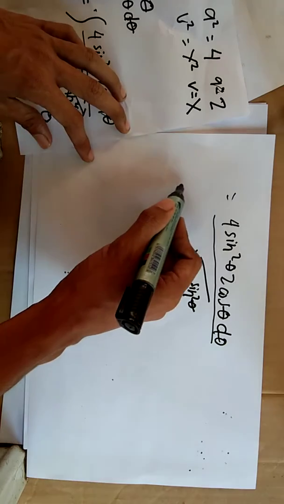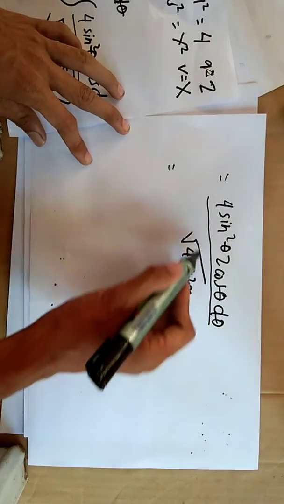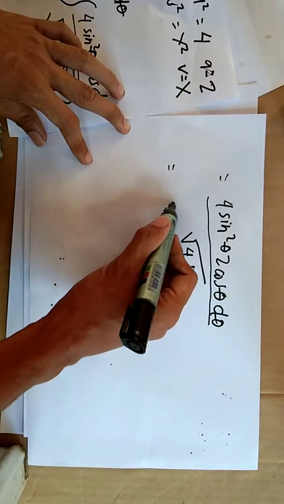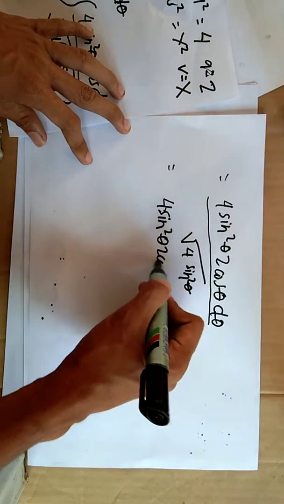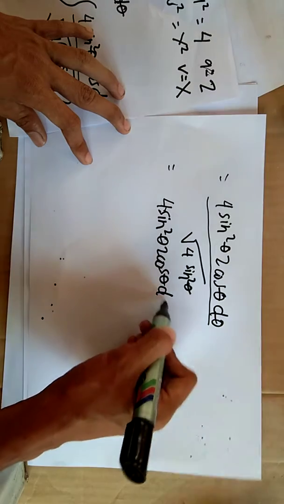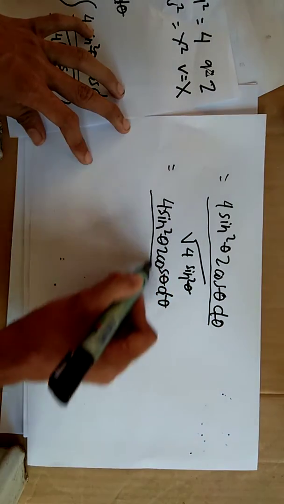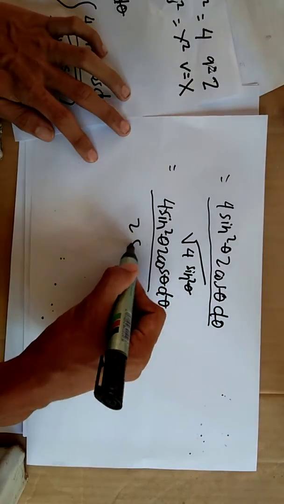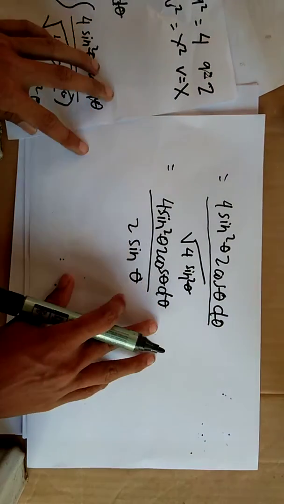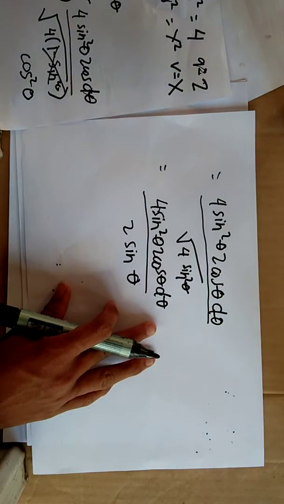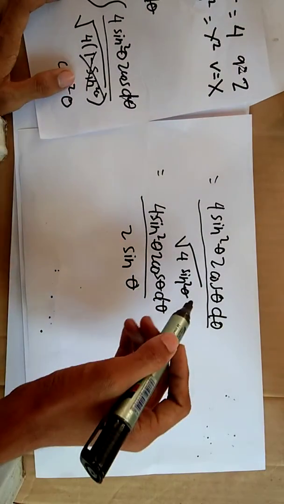So next we will take its square root. We just copy the numerator here: 4 sine squared theta times 2 cos theta d theta over 2 sine theta. Also, we got something wrong here.